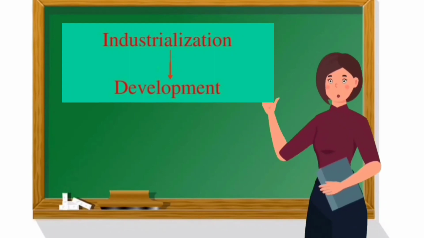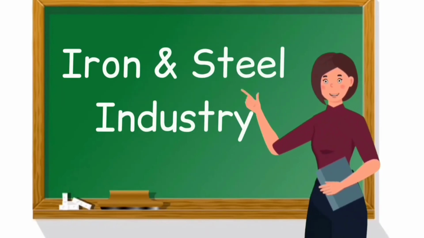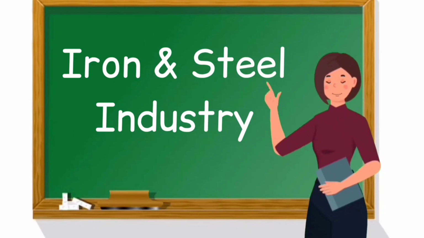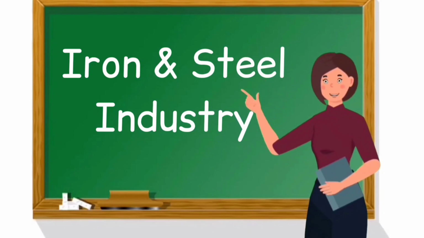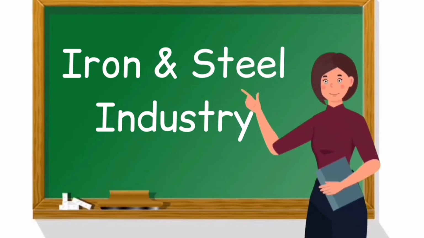Almost all sectors of the Indian industry depend heavily on iron and steel industry for their basic infrastructure. The Indian iron and steel industry consists of large integrated steel plants as well as mini steel mills. It also includes secondary producers, rolling mills and ancillary industries.